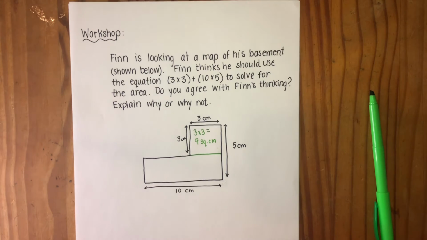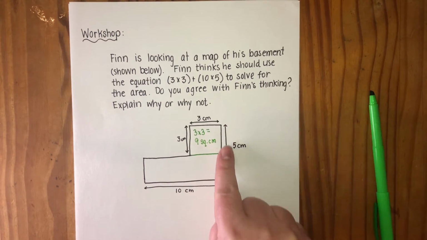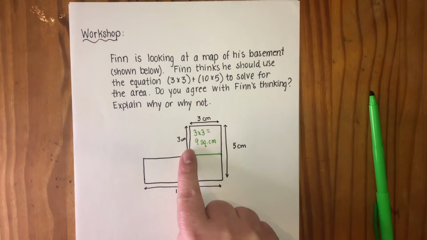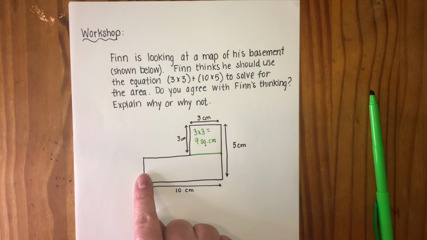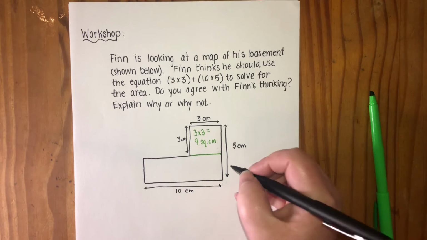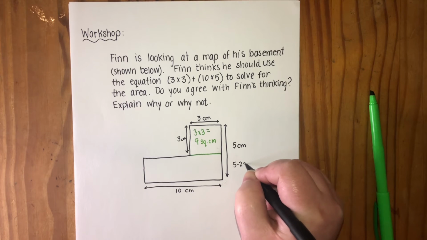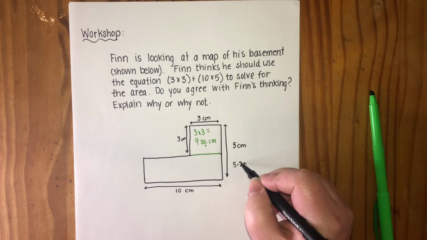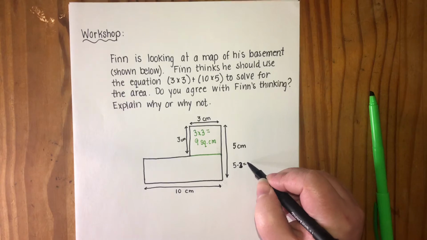Since we know that the sum of the 2 smaller parts are equal to the total of the opposite side, which is 5 centimeters, we can subtract 3 from 5 to find the missing side, which is correct, 2 centimeters.